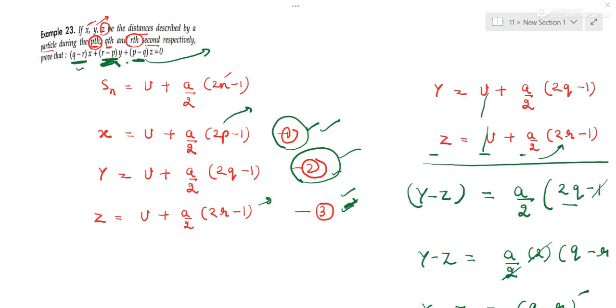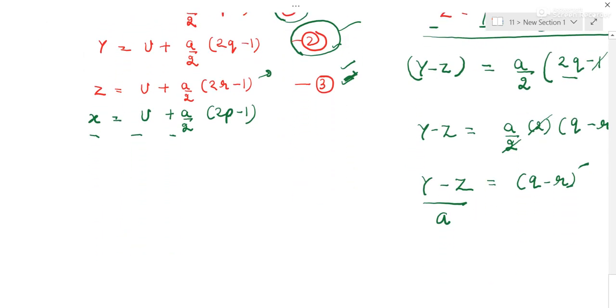Okay, so to obtain r minus p, we have to subtract p from r. The p equation, the first equation, I am writing here. Then I will subtract. So it is z minus x. u cancelled, a by 2 common.